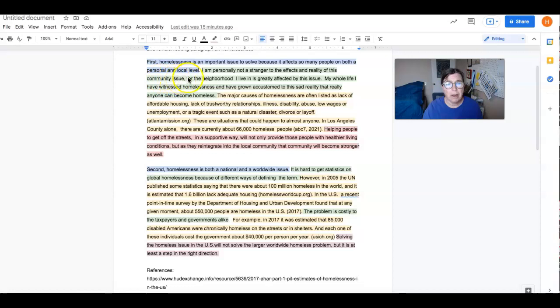The first one about how it's an important issue on a personal and local level, put all that data in, and then the second paragraph, how it's important on a national and worldwide issue. I think that organizes it much better, and you can read through the new set of paragraphs at your leisure. And of course, because there were 2 paragraphs, I had to add in an extra topic sentence and an extra summary sentence.